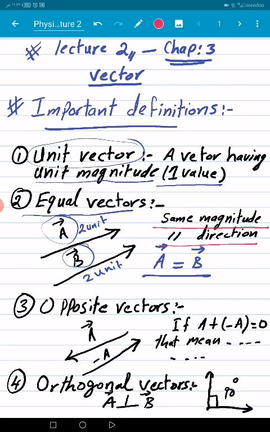Number 3, opposite factors. Opposite factors mean the same magnitude and opposite direction. In this case, factor A plus minus factor A is equal to 0. Why?